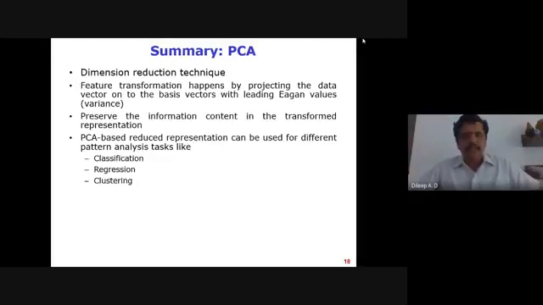Before going further into the classification technique using the support vector machine, I just want to give a small pause here. If you have any doubt, I'm open to answering it. Otherwise, we can move further. Are the things clear?